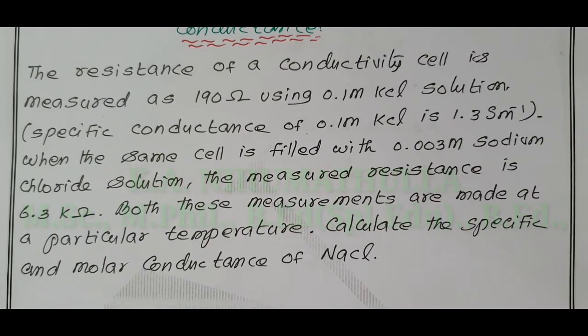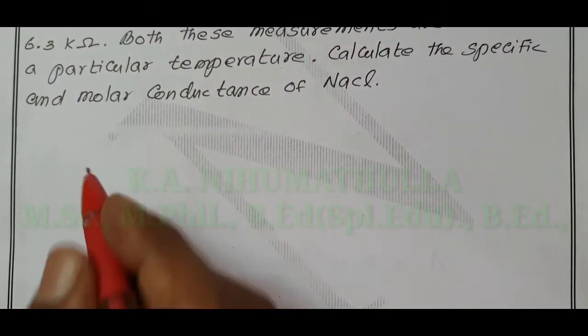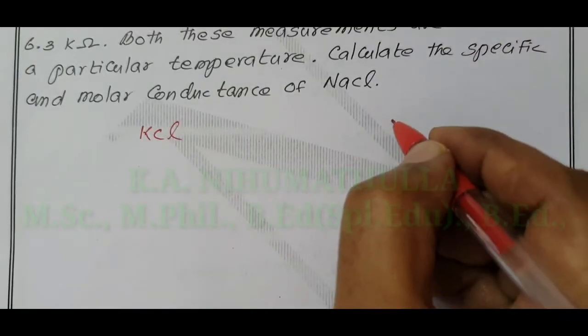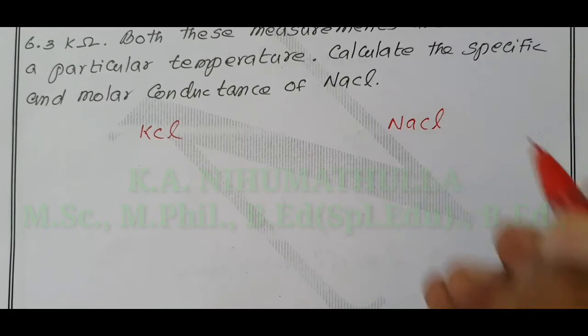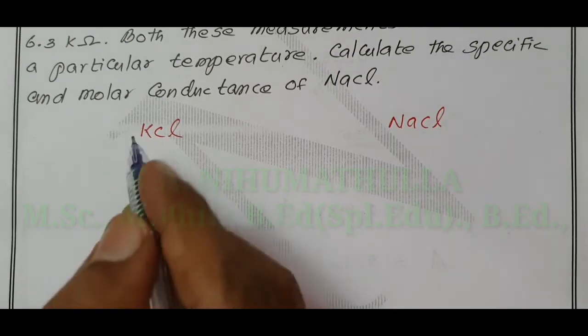Now I divide the whole problem into two parts. One is the potassium chloride part, another is the sodium chloride part. We have to calculate the kappa and lambda m value for sodium chloride only. Now, what values are given for the potassium chloride solution?